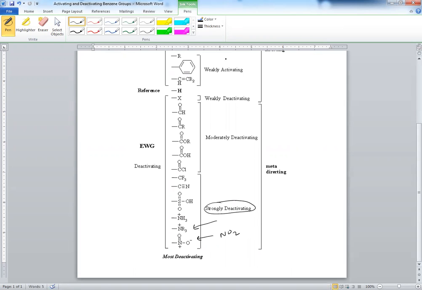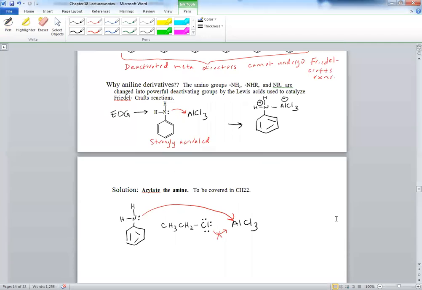So that's the explanation that is used here. So this becomes strongly deactivated and meta-directing.